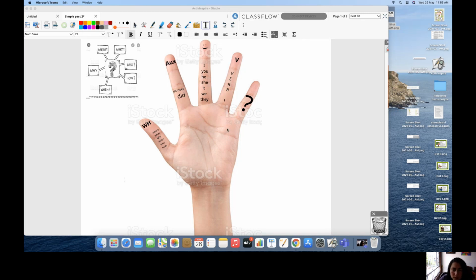So, if you look at your left hand, su mano izquierda, you can memorize here. If you want, remember that WH question is optional to make a question. Entonces, cuando queremos hacer una pregunta, este WH question is optional because it's just if you need to ask or if you require more information.